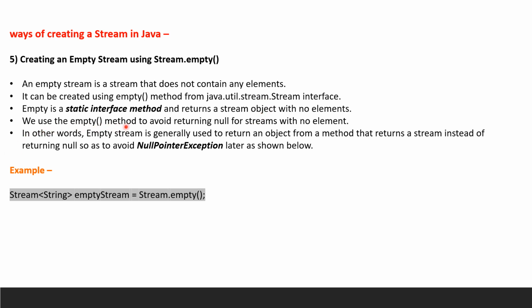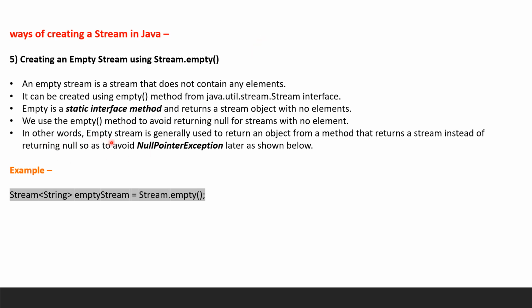We use the empty method to avoid, as we have the query, why are we going to create the empty stream? In order to avoid returning null for streams with no element. So in order to avoid the null, we are using the empty method in the Stream to create the empty stream.